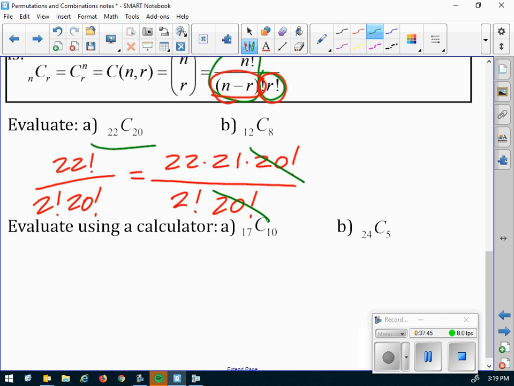What is 2 factorial? That is 2. 2 goes into 22, so your answer is 11 times 21, 231.